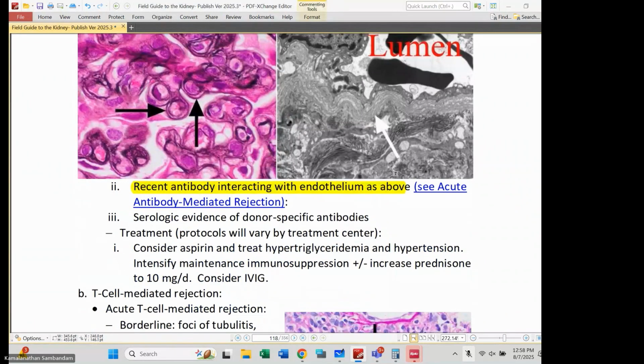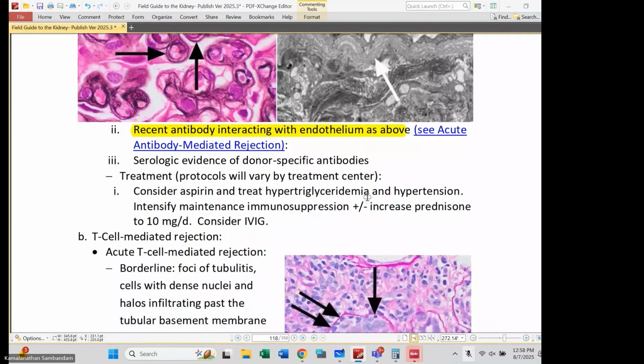I want to see again evidence of recent antibody interaction with the endothelium, which is again moderate to severe PTC or glomerulitis, right? Or C4d positive immunofluorescence. Okay. And then I want DSAs present as well. This is chronic AMR. Treatment protocols differ. We have this enthusiasm for treating with antiplatelet agents and hypertriglyceridemia because there's some correlation with worse outcomes with severe dyslipidemia.